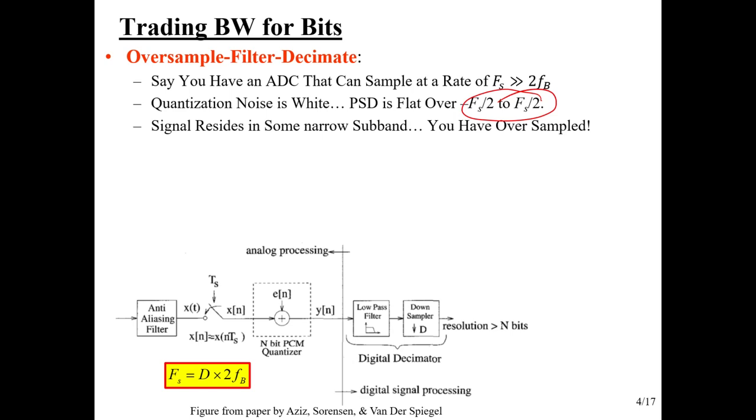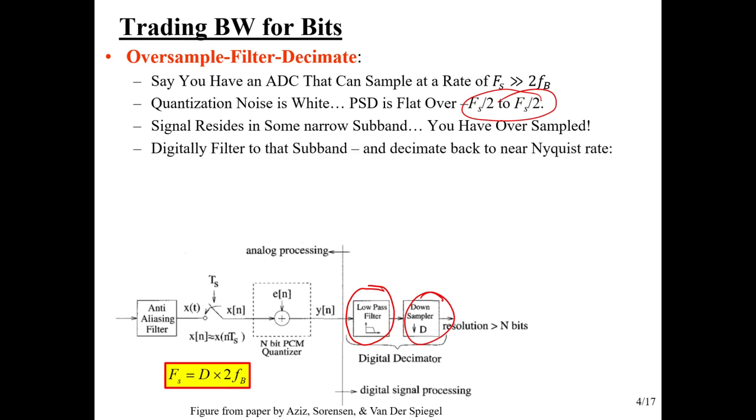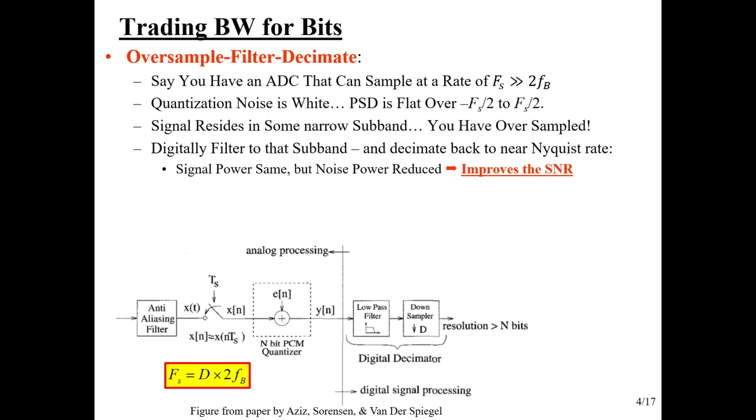But the signal, as we just saw, is in some narrow subband. So I've oversampled the signal. I can now apply a low pass filter and decimate back down to the rate that I need for the signal. So I digitally filter to that signal subband and I decimate back to near the Nyquist rate. Now, the signal power has not changed, right?